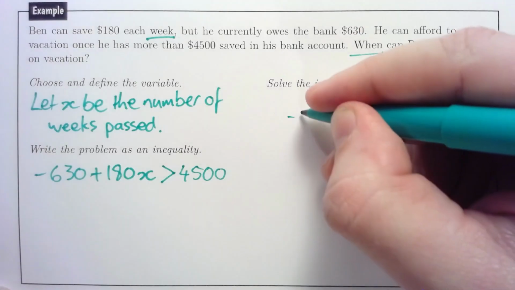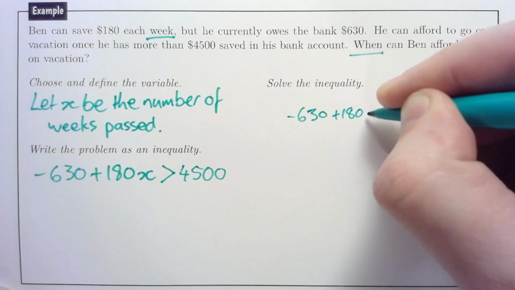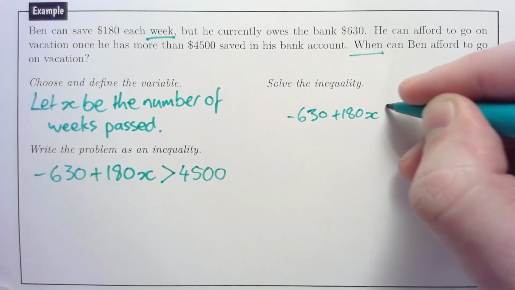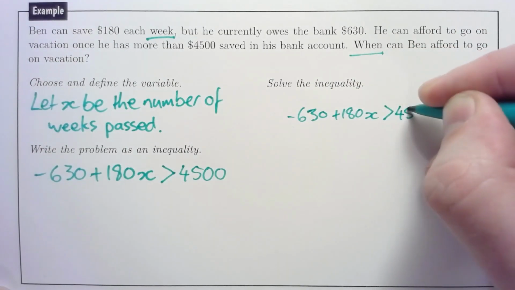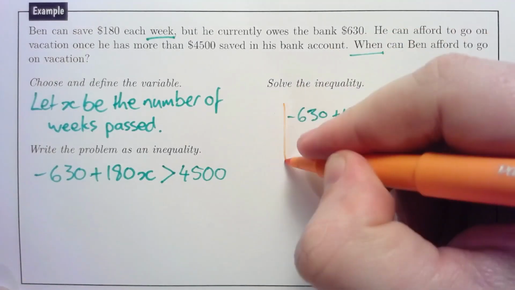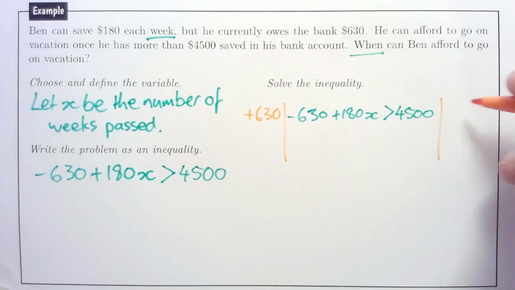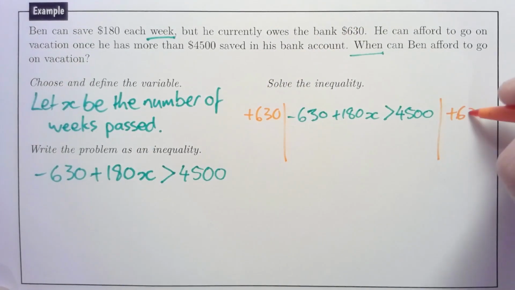So let's solve this inequality. I'm going to copy it down so we have more space for our working. First thing we'll want to do is add $630 to each side.